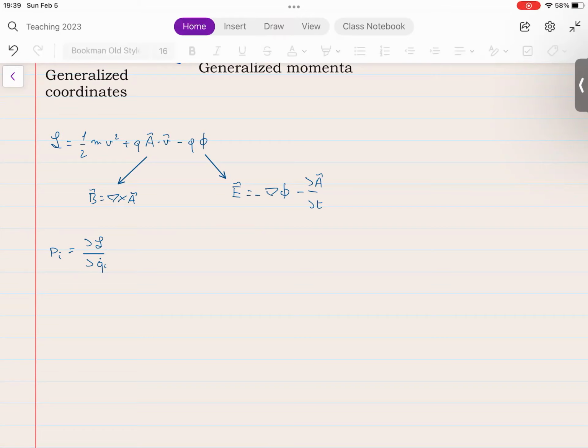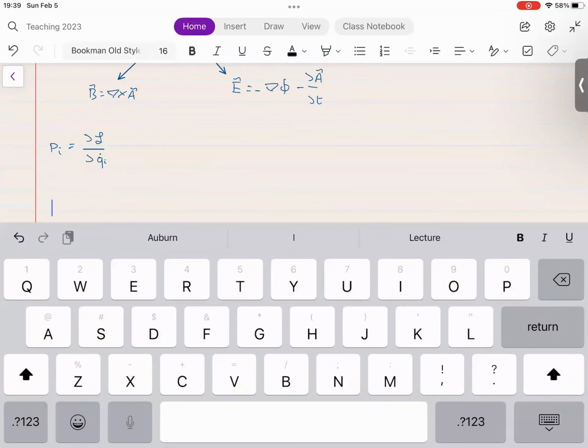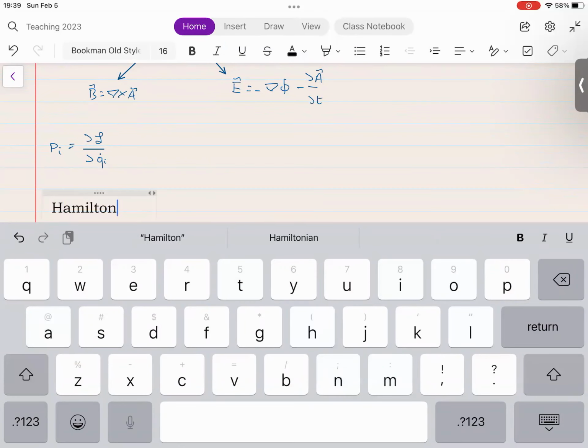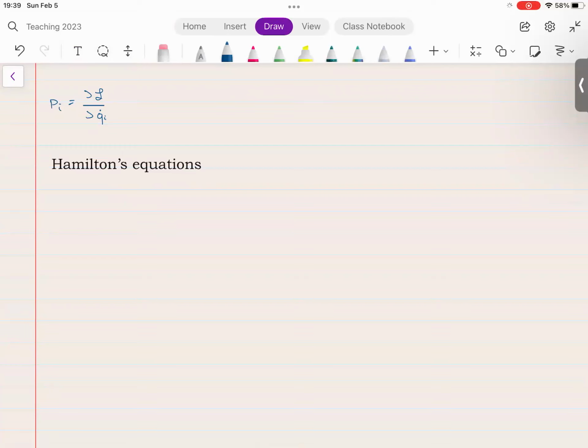Then you can write the Hamilton equations. q dot i is equal to dH/dp i, and p dot i is equal to minus dH/dq i.